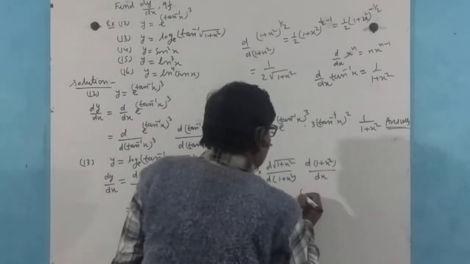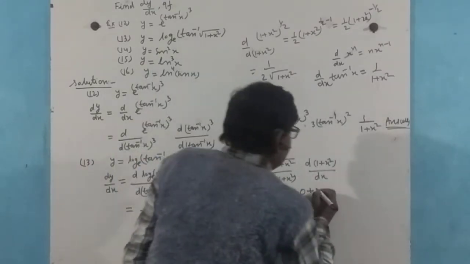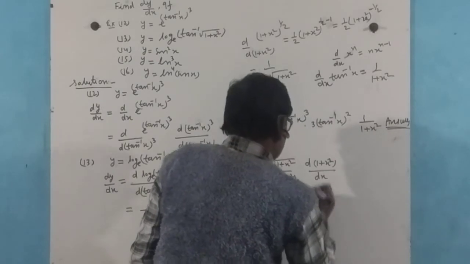Differentiation of 1 with respect to x is equal to 0, and d by dx of x square, n x^(n-1), is equal to 2x here.